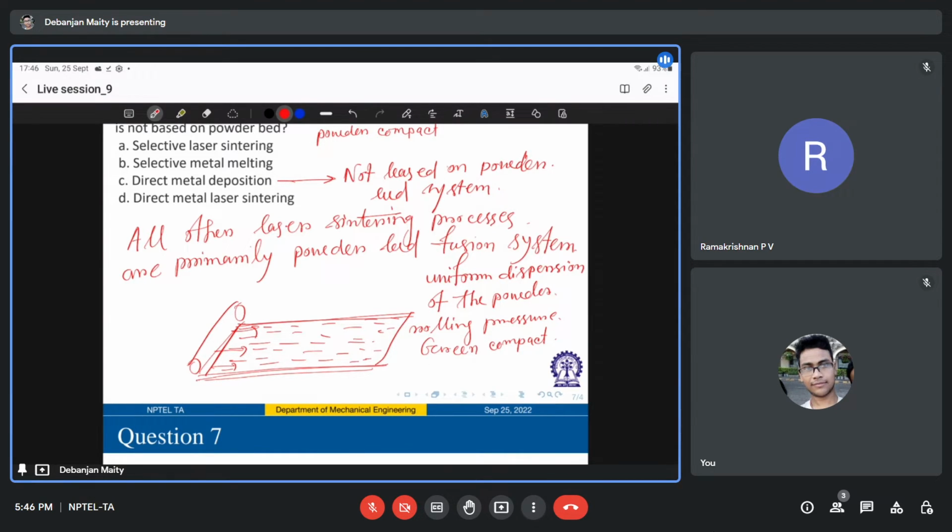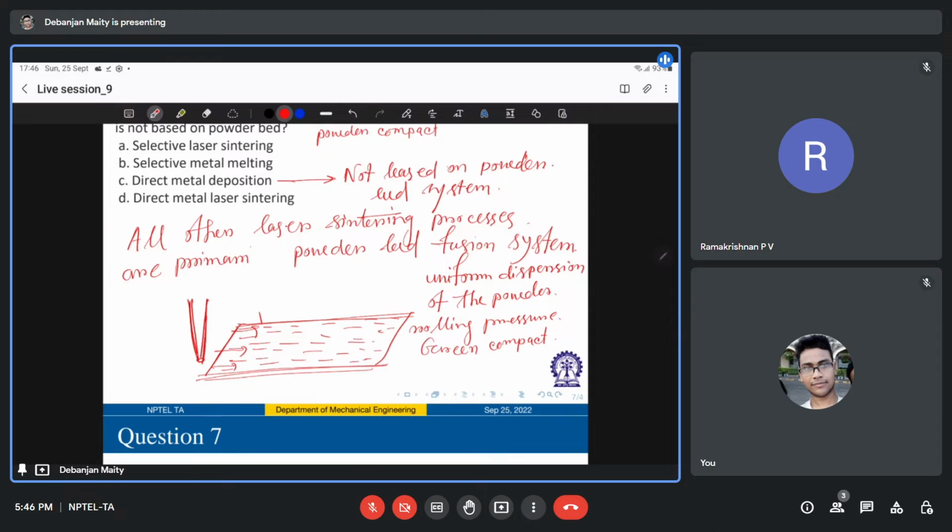And when you complete this rolling over the powder spread, you come with your laser scanning system, and then you melt this powder bed. Let's say we remove this roller, and from here we start.